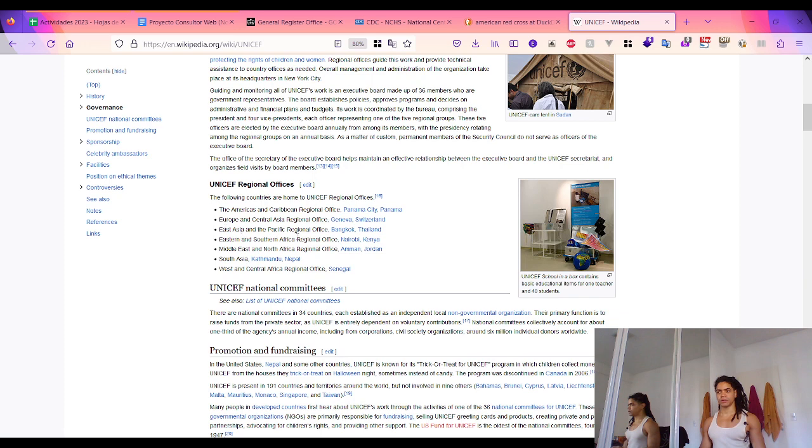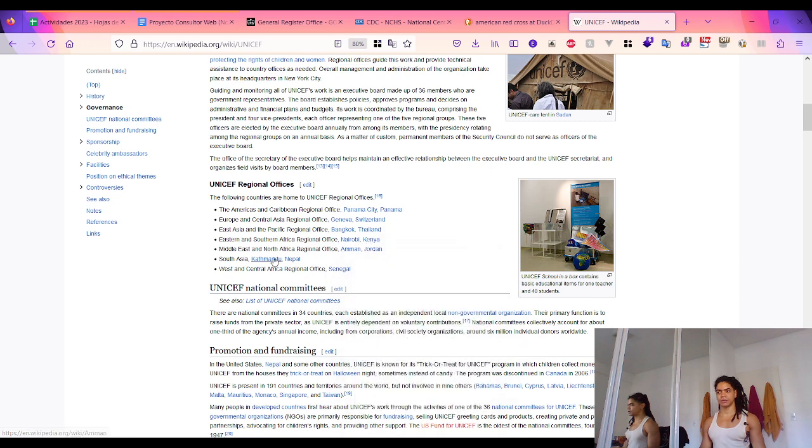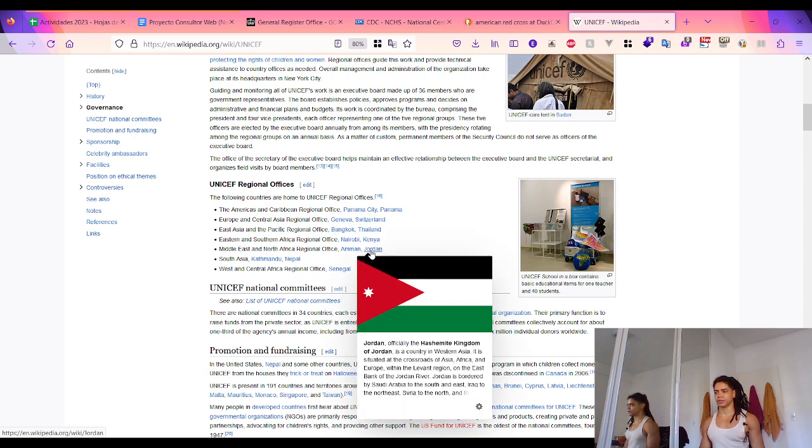Eastern and Southern Africa Regional Office, Nairobi, Kenya. South Asia, Kathmandu, Nepal. West and Central Africa Regional Office. But there is no Middle East and North Africa region office, Jordan.